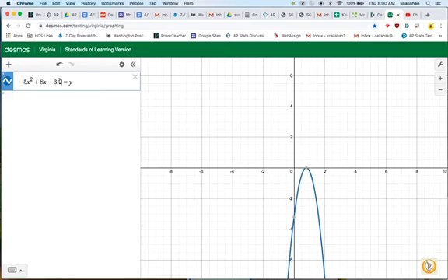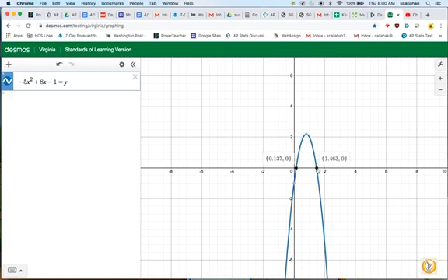So I should have said, if it goes like this, that means two imaginary. If it goes like this, that means one real. If it goes like our problem actually was, like this, that means two real.